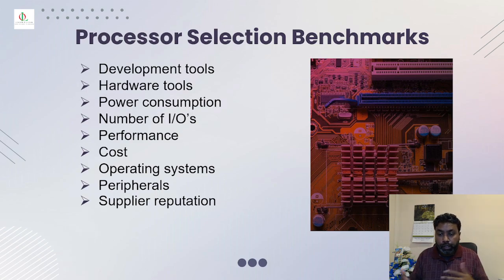So talk to your local manufacturing and assembly houses, and they have a better idea about the supply, because they talk to the suppliers on a daily basis and they know what's out there. So these are all some benchmarks when you sit there and choose which processor is best for your project according to the customer requirement documents. You need to tally on these every day. You need to go through them every time you do this.